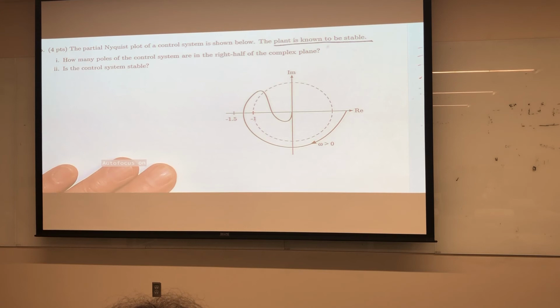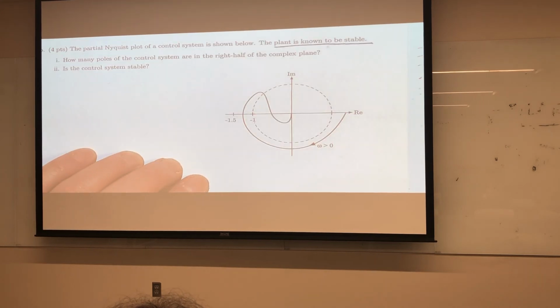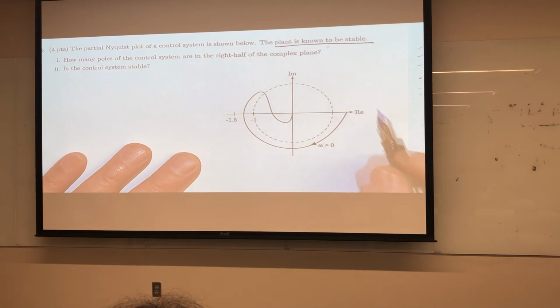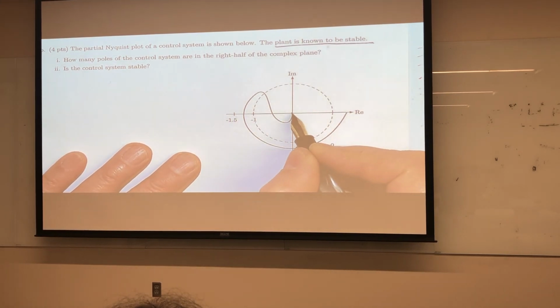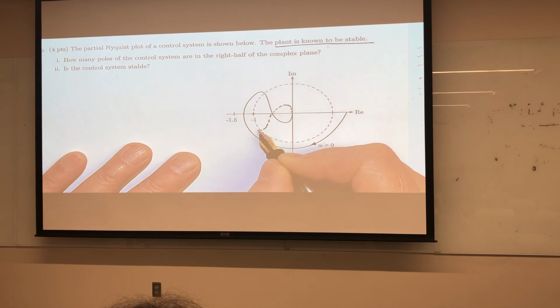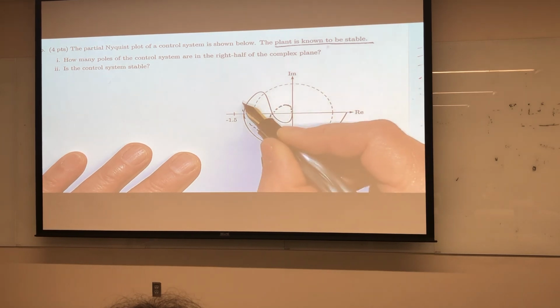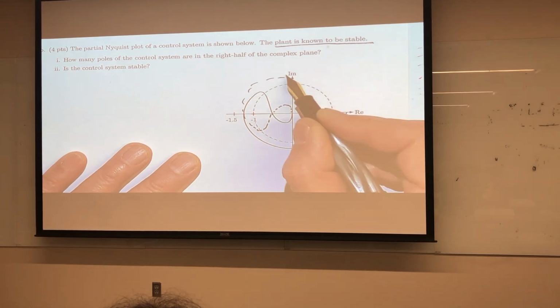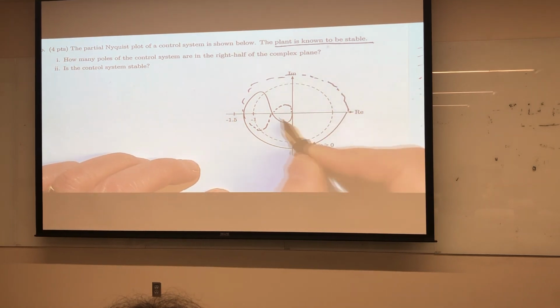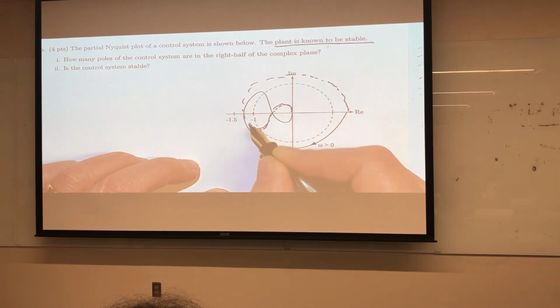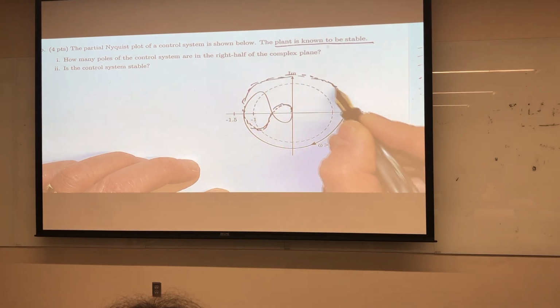And what we want to do is complete the diagram. And one of the things that we should know is that to complete the diagram, we would sketch the negative frequencies, and the negative frequencies will be symmetrical. So you can put in a dashed line, maybe that looks a little bit like this. Try to draw your best mirror image of the solid line, and so draw it something like so.